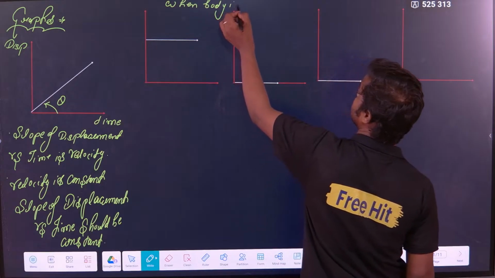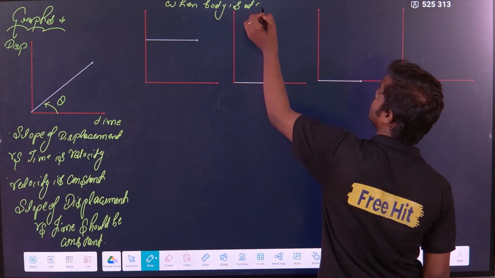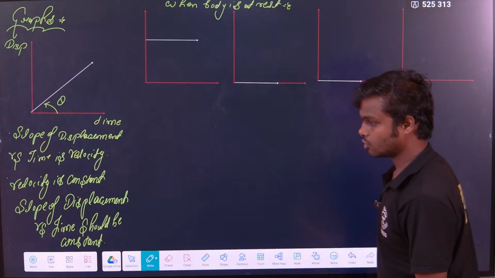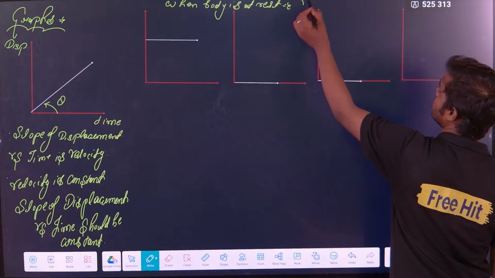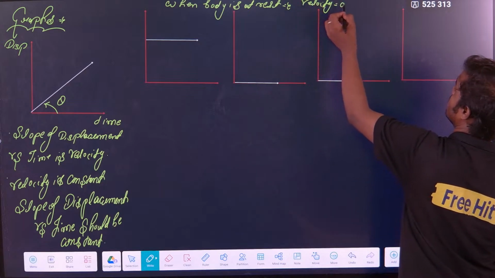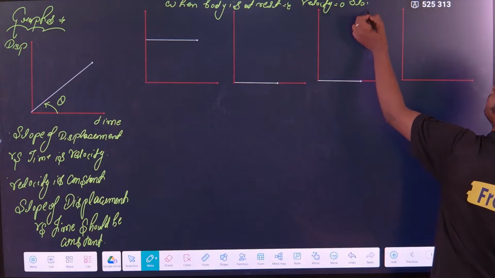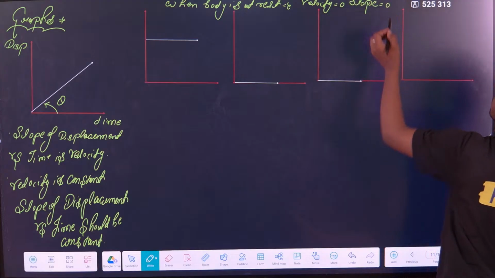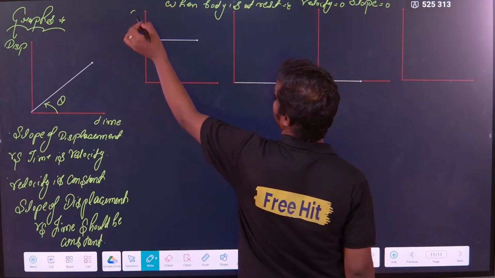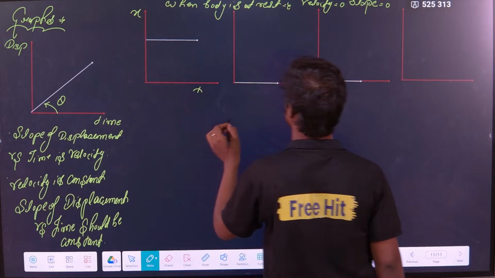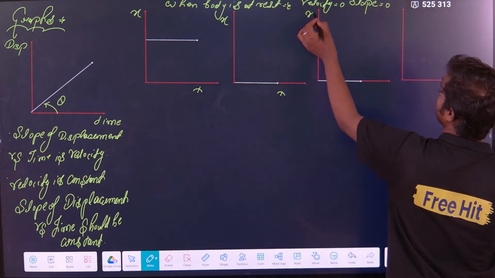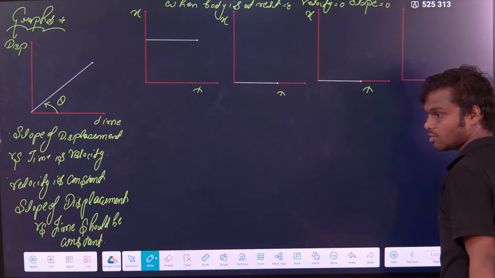Body is at rest means my velocity will become 0. That means my slope should be 0. Here you can see my slope is 0. If this is displacement versus time, here also 0, correct? Here also 0, correct or not?